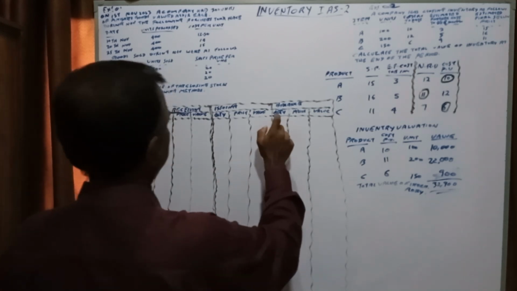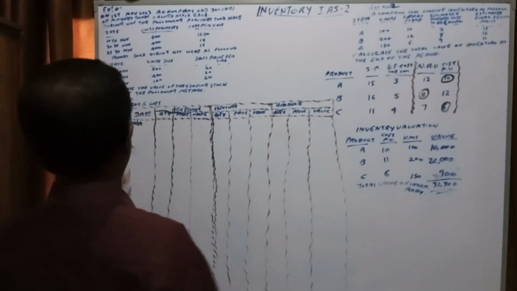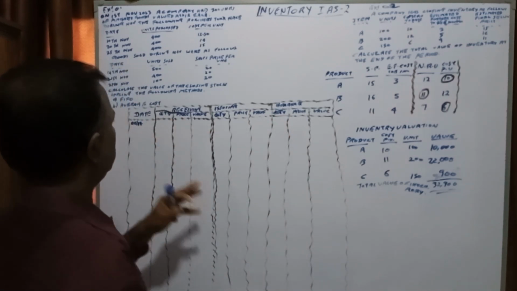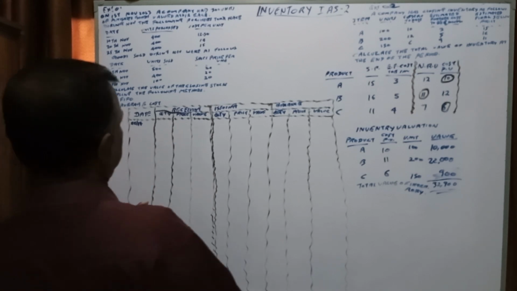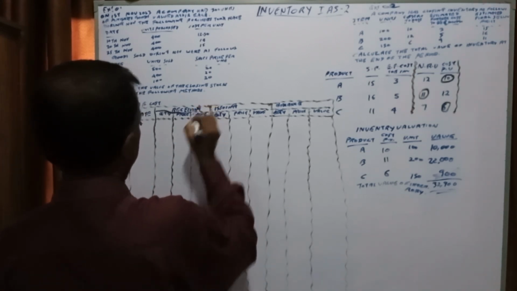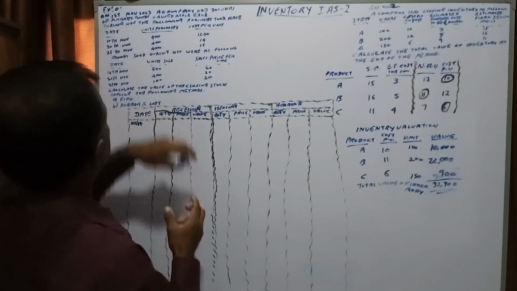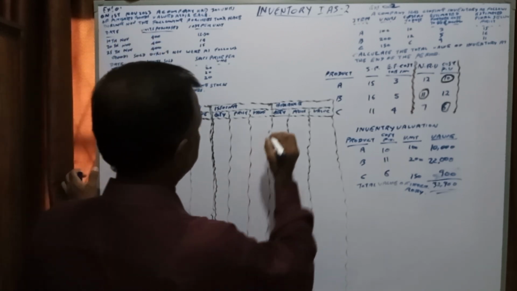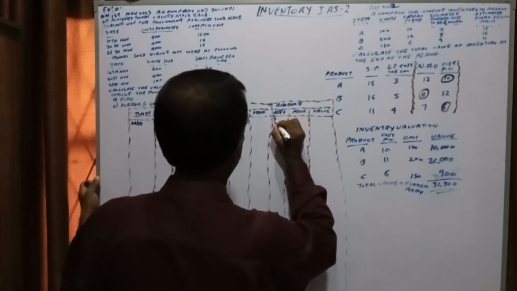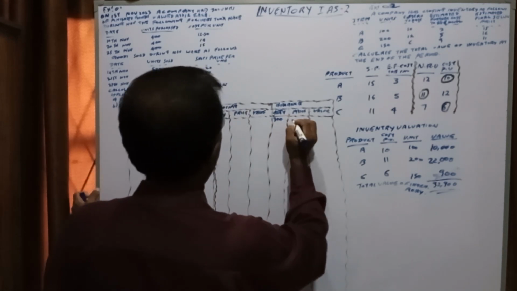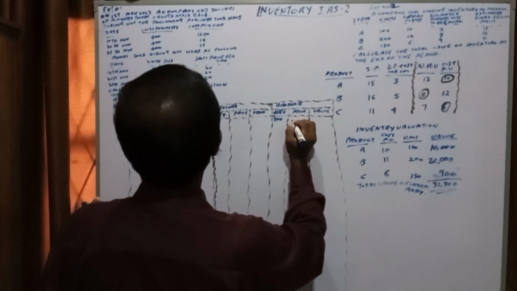It has to come into the balance column, not into the purchases or receiving, right? This is the balance column. So in the balance column, on 1st of November, 300 quantity was there. At the rate of, what is the price?